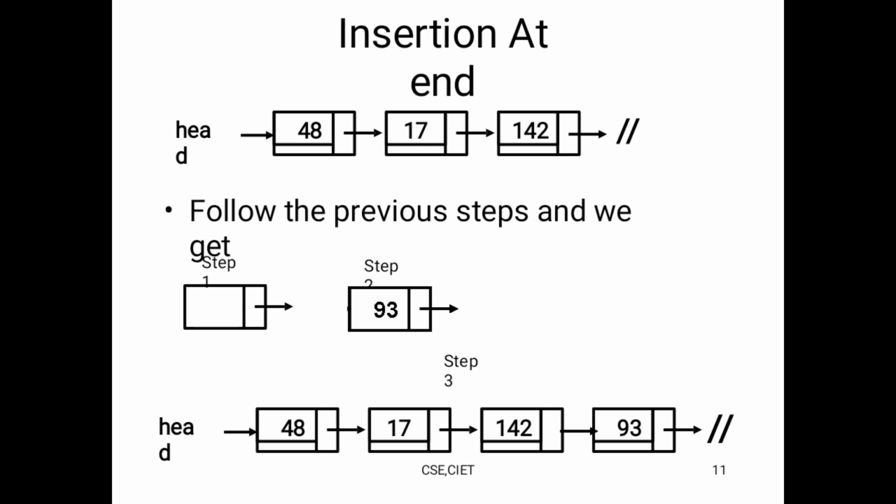So after the 93 there is no node. That is the end of the list. In that way, insertion at end in a single linked list.